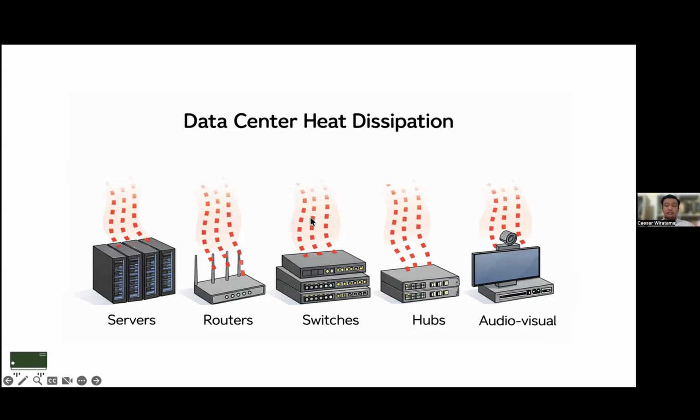And the data center does not only consist of CPUs, of course. We have other systems like routers, switches, hubs, and maybe audio visual equipment like buttons and anything else that also dissipates energy, that we also have to manage the heat of to some acceptable level.